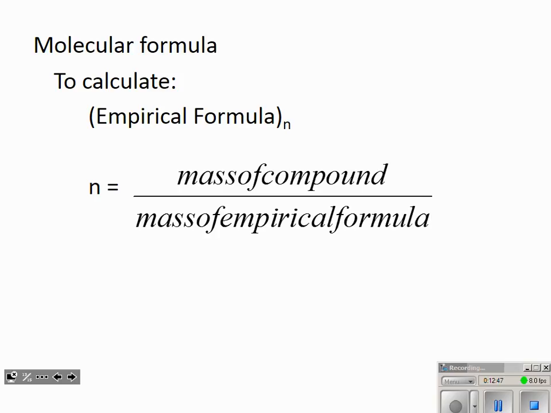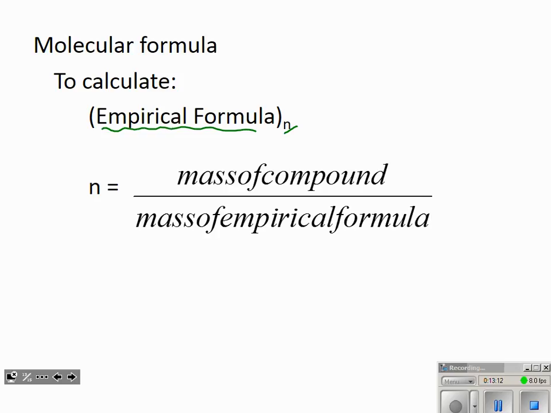Now, to get the molecular formula, as I said before, we need the empirical formula. So if you don't have that, you're going to need to calculate that first. And then you can calculate the molecular formula by figuring out what this multiplier is. We're going to multiply the empirical formula by this value n.